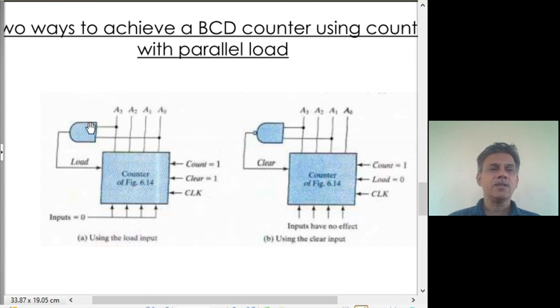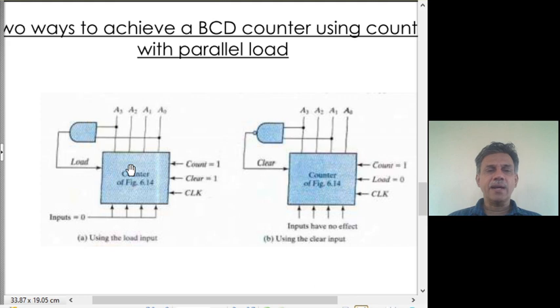So, it is okay to do a partial decoding, that is, the 9 can be uniquely identified by only ANDing A3 and A0. We use this, and whenever the number 9 is reached, we give it as a load control to this counter.